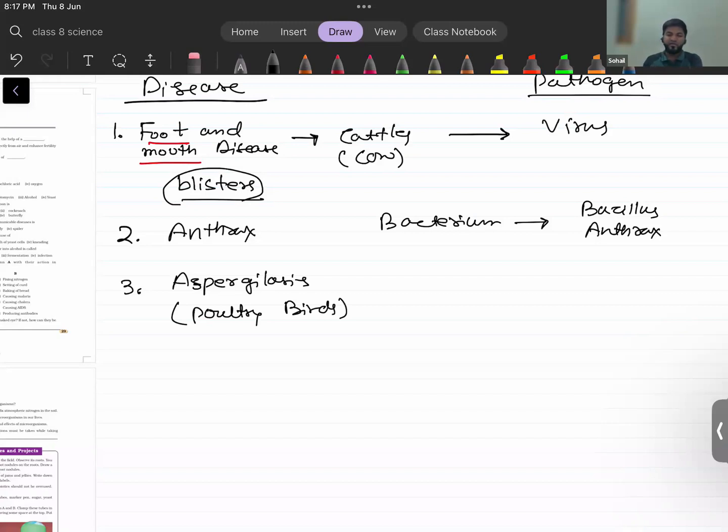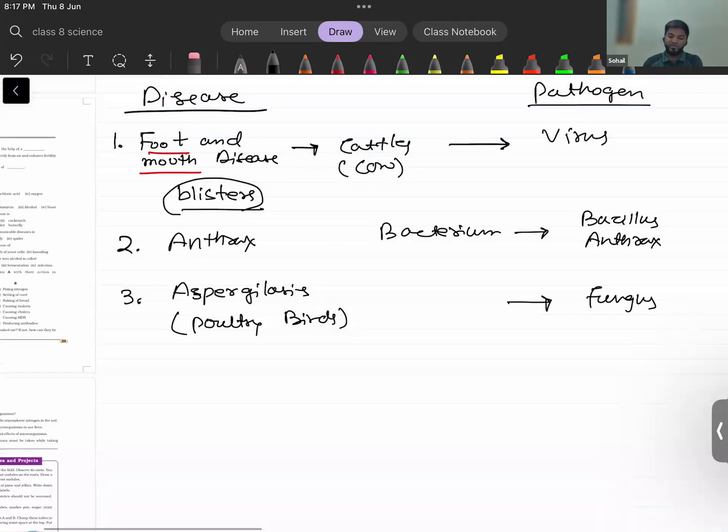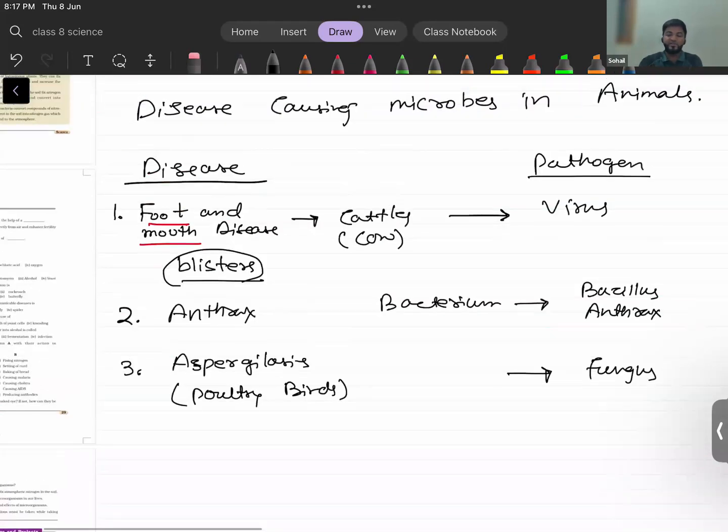I will attach the figure of the disease so you will have a better idea how it looks. Just by name, you might not have an idea of how the infection looks. It is caused by a fungus. Remember this. So aspergillosis is a disease in animals caused by a fungus. That's all you need to know about disease causing microorganisms in animals.